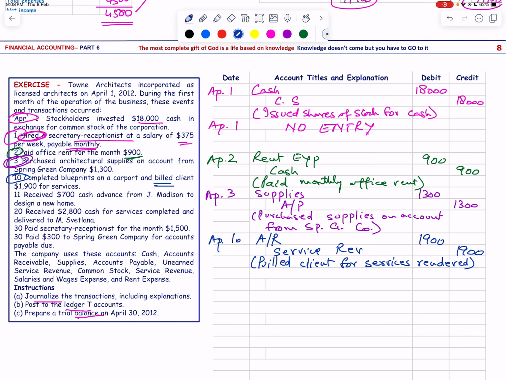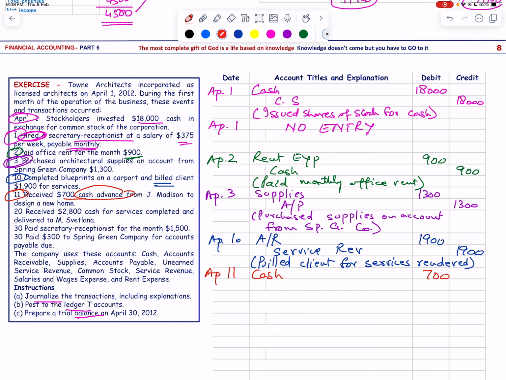Okay. Then we have 11th of April, received 700 cash in advance. April 11. So cash is debit by 700 and we are receiving in advance.